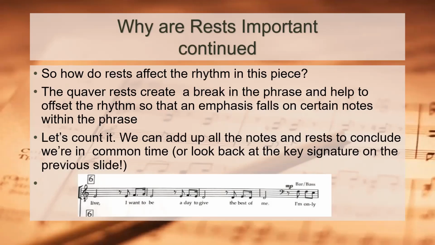The cluster of notes, as we learnt, groups of notes are clustered in single beats. So we know, although we haven't learnt about dotted notes yet, we can certainly have an inspired guess that those 2 notes clustered together represent 1 full beat. So count them again. We've got the minim for 1 and 2, we've got the quaver rest for the first half of beat 3, and in the second half of beat 3, the tenors come in on the E, "I".